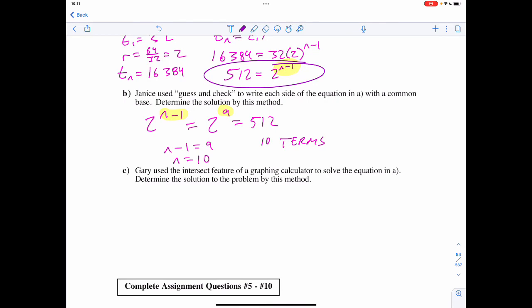If he said that y1 was equal to the left side, 512, y2 was equal to the right side, 2 to the power of, in this case, x minus 1, then he just graphed it out, used the second trace 5 to solve the intersect, and they intersect when x was equal to 10. And he knows that there is 10 terms.